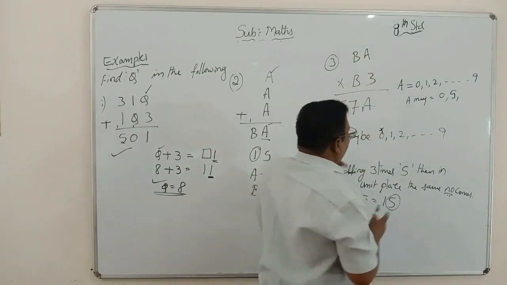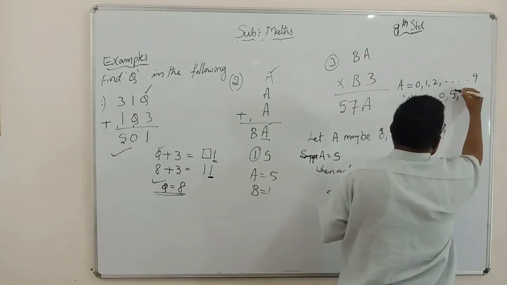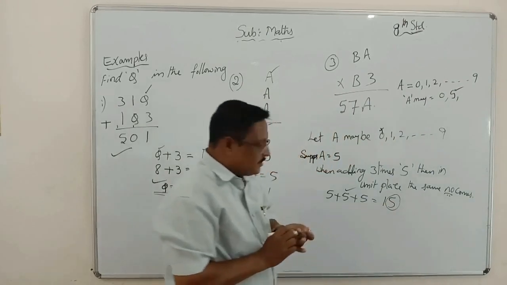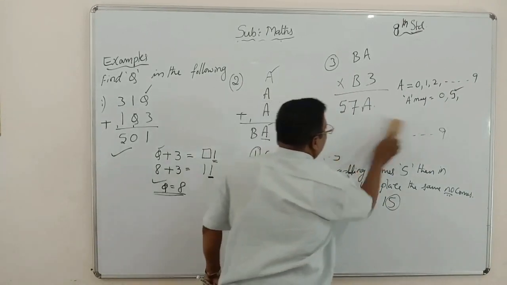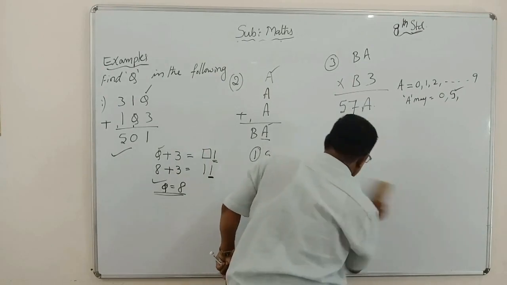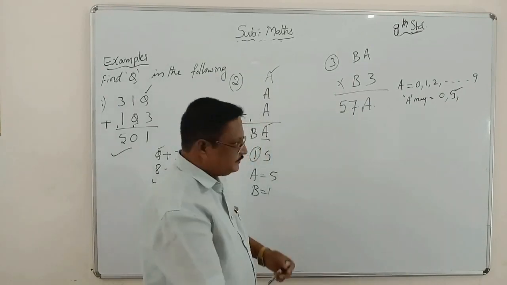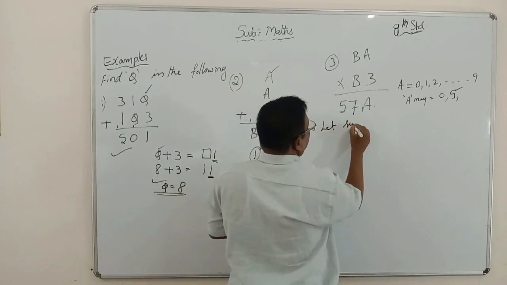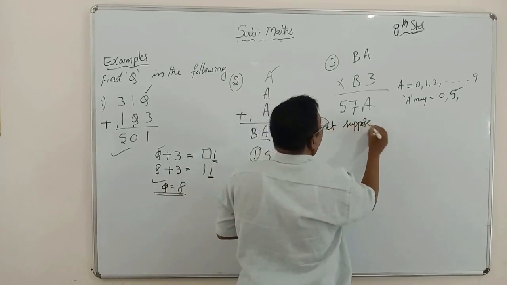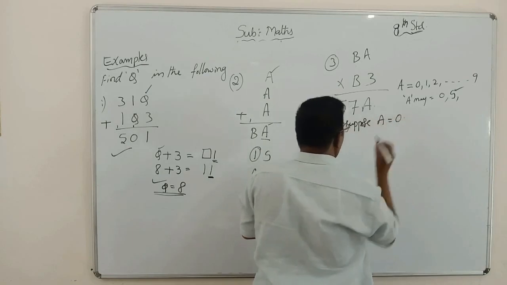Here the A value may be 0 or 5. Here A may be 0 or 5, which one is correct? Suppose A is equal to 0.